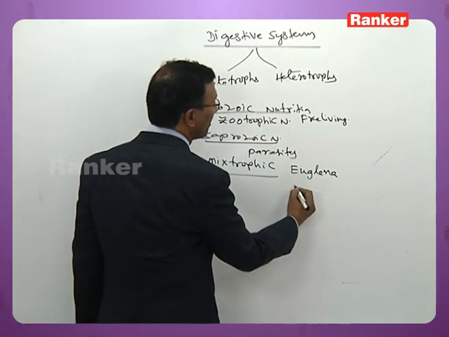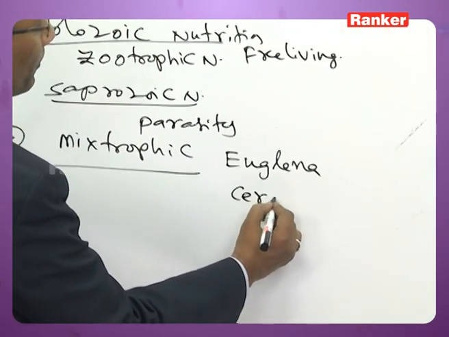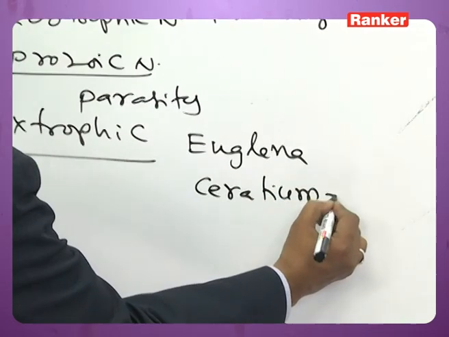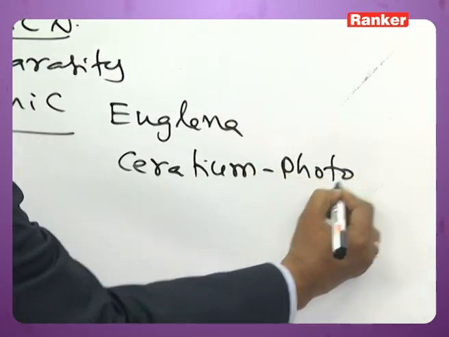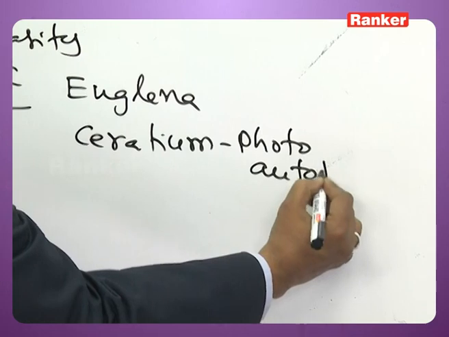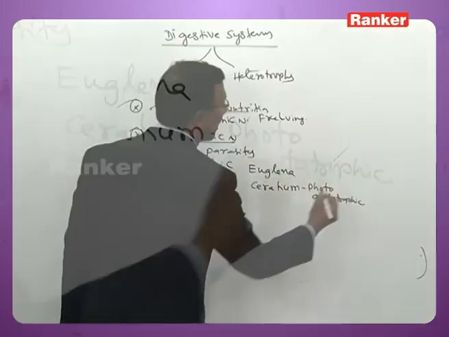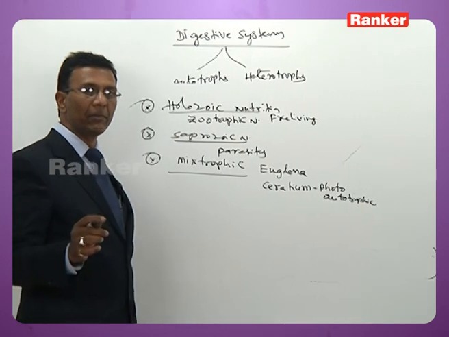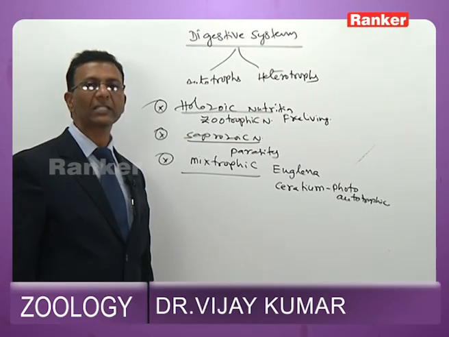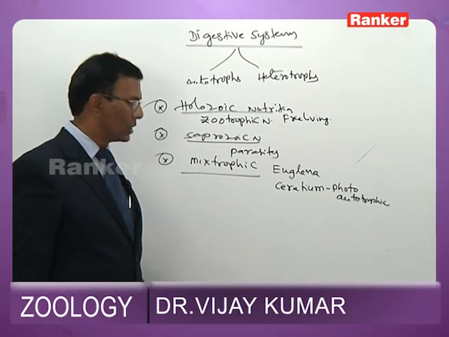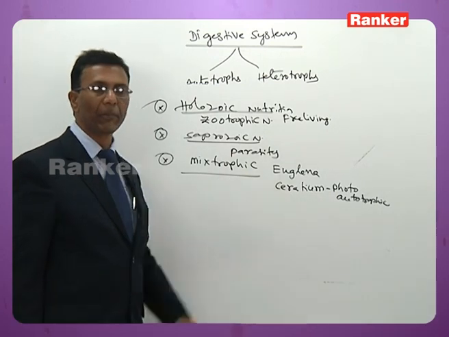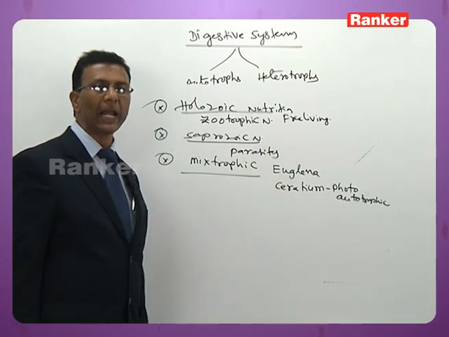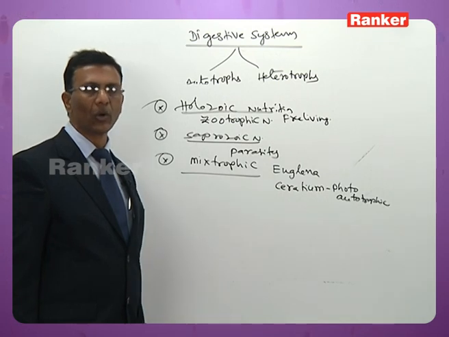Next you have another example, Serratia. Serratia is exclusively photoautotrophic during daytime, and at night it takes the food by the holozoic method.